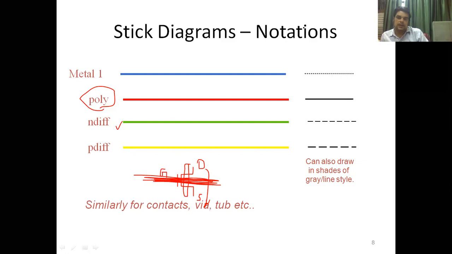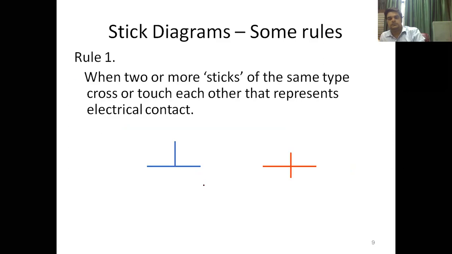Now let us come back to the structure. So here are some rules associated with the stick diagram.